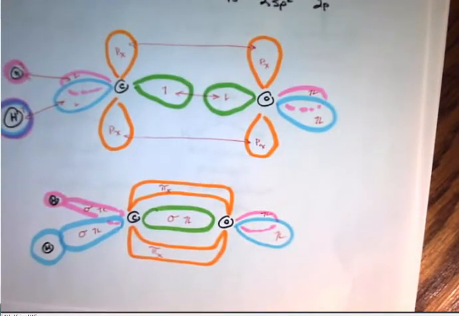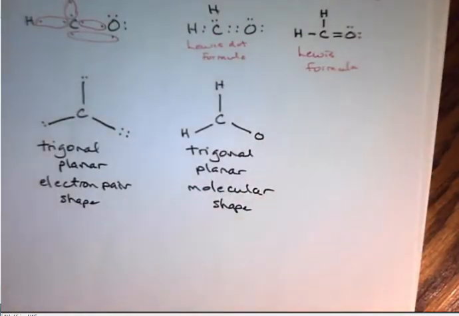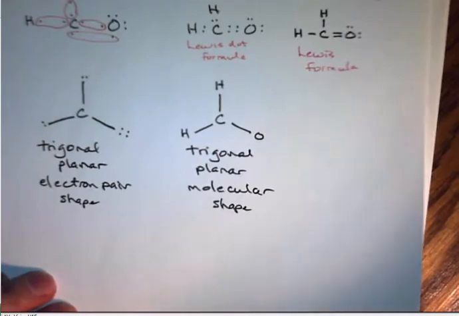So all these things tell you different things, and it's important to understand all of them to get the big picture, okay? There's a lot of dynamic stuff going on in the molecule shapes and our understanding of them that helps us predict how things are going to happen or figure out why they're happening the way they're happening. Okay, so let's do the same sort of thing with hydrogen cyanide.